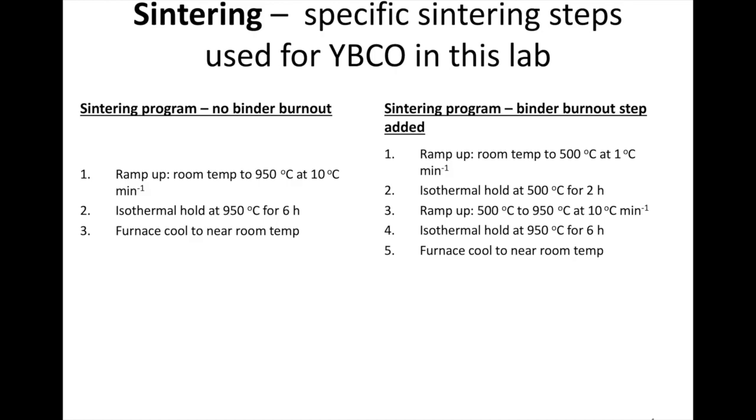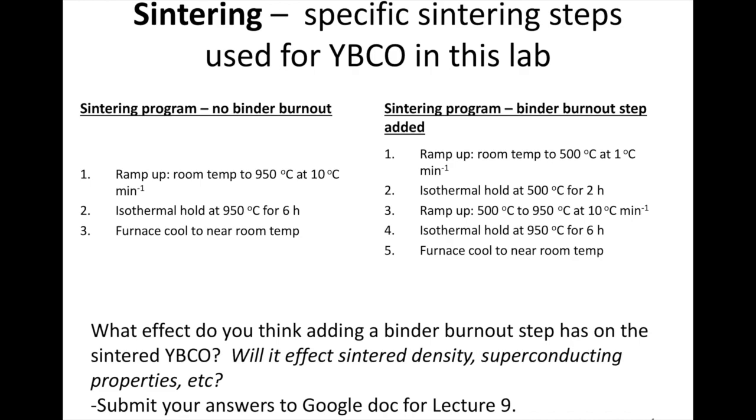Same thing: what effect is this binder burn off step going to have on the sintered YBCO? Is it going to affect density, superconducting properties, etc.? And same thing, go back to that Google Doc for lecture 9 and submit your answers.